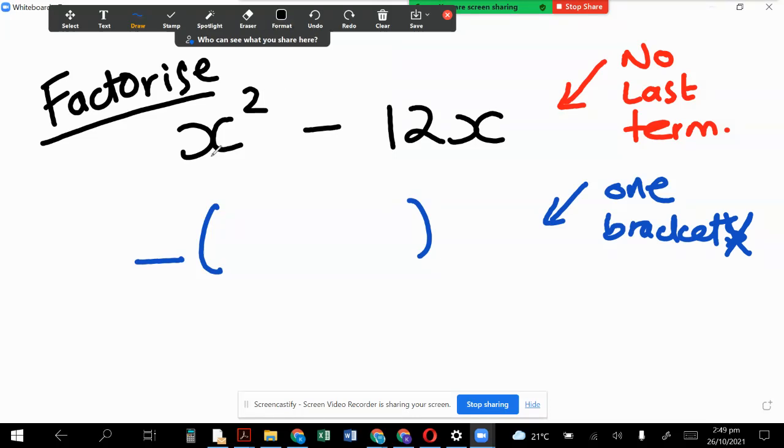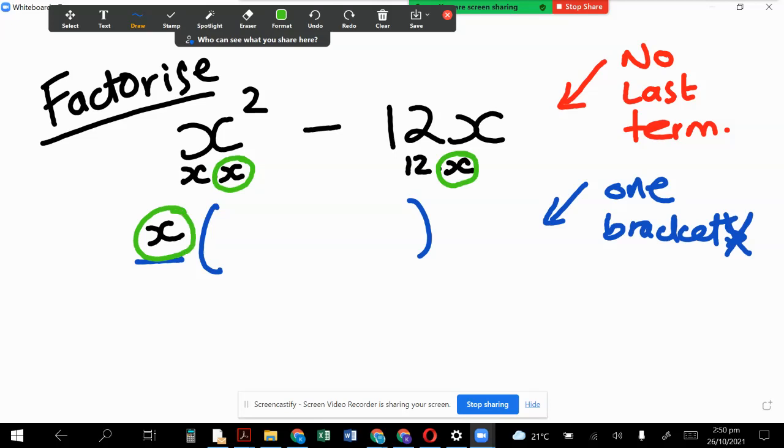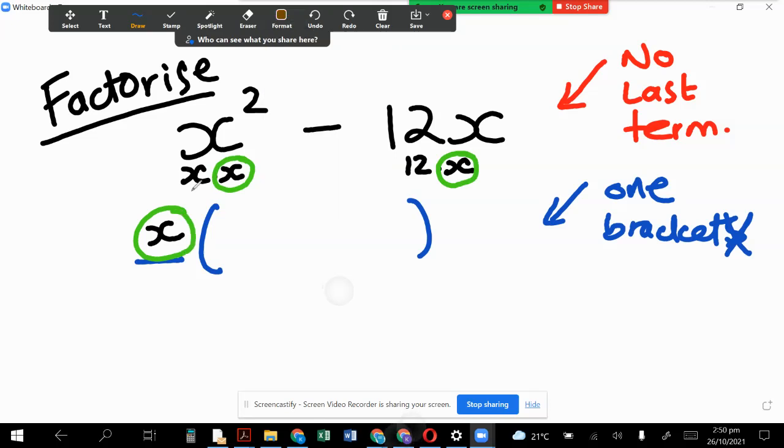If I look at x squared and 12x, I can see a common x. What I do is I then write the common x on the outside of my bracket first. Then I write down whatever's left inside the bracket.